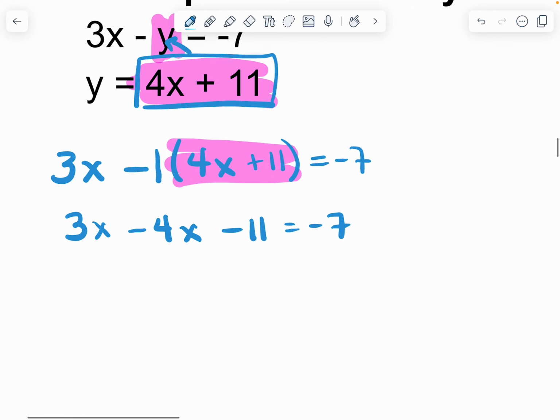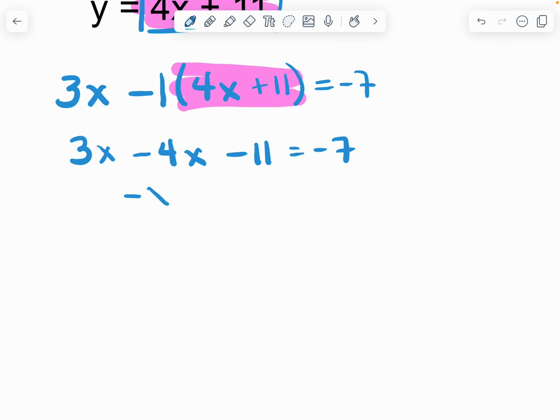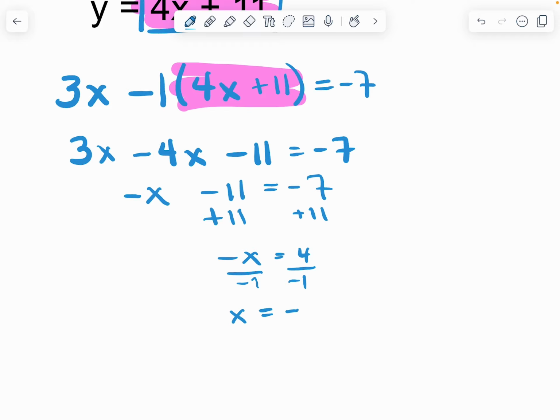And then I'm going to solve the equation. So x equals -4.